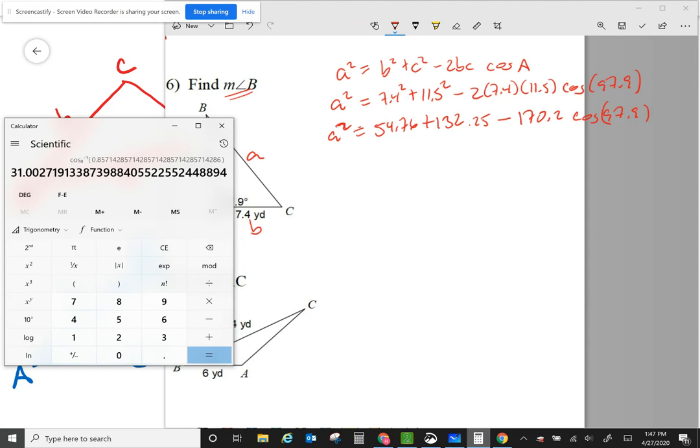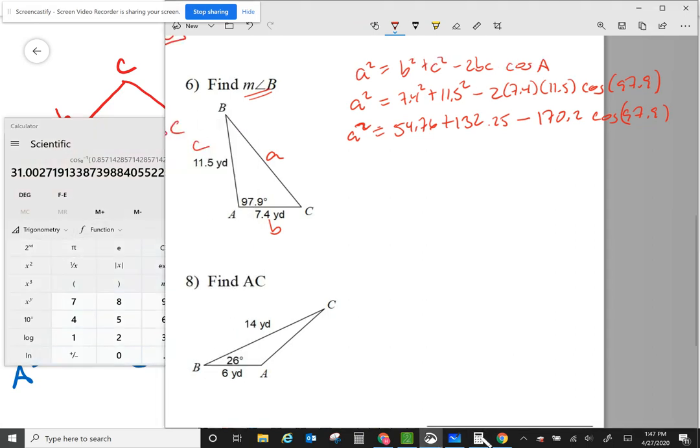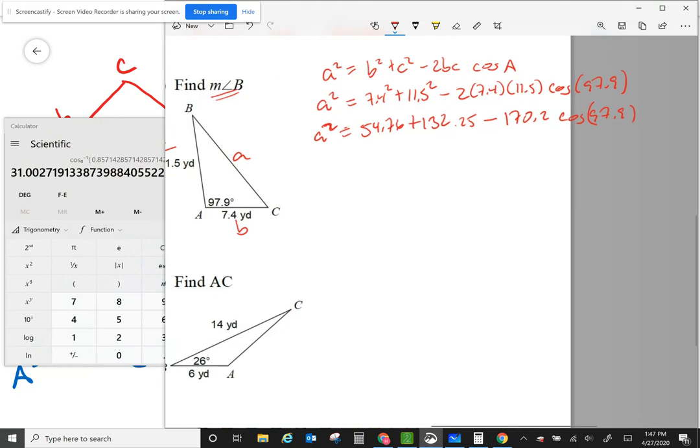Let me type all that in. As a matter of fact, let me type this right here. I'm going to solve what A squared is.